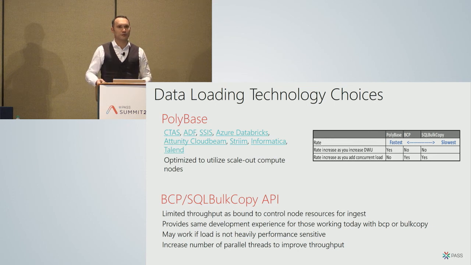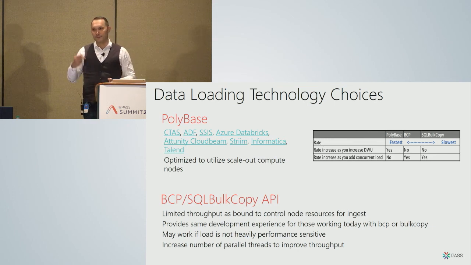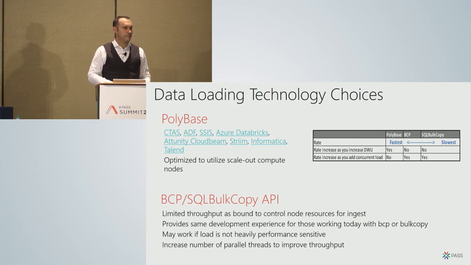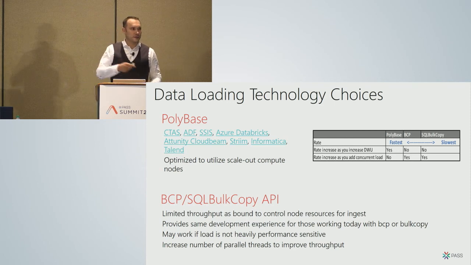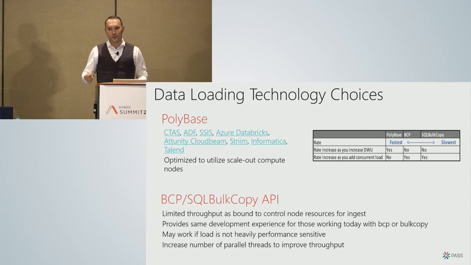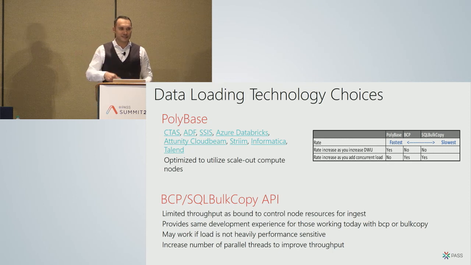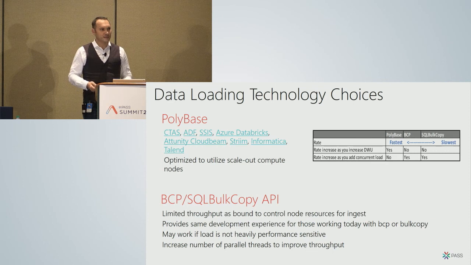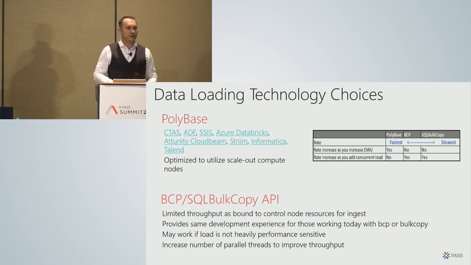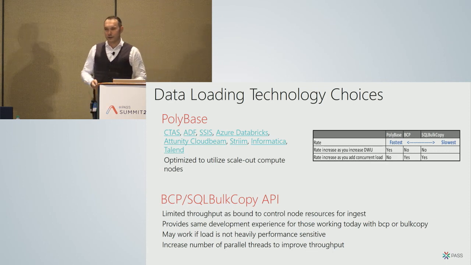However, not everyone has this freedom and flexibility to leverage Polybase. Often people need to deal with commodity tools or applications which rely on BCP or SQL bulk copy. Polybase leverages internal compute to push the data, whereas BCP or SQL bulk API based tools go through the control node, right?